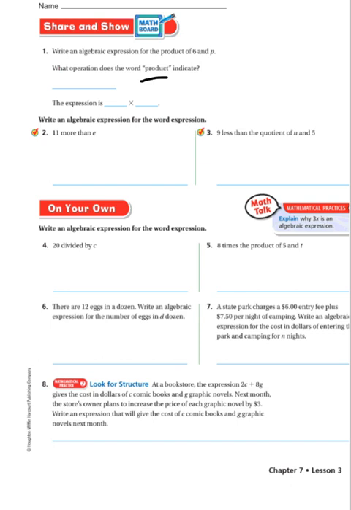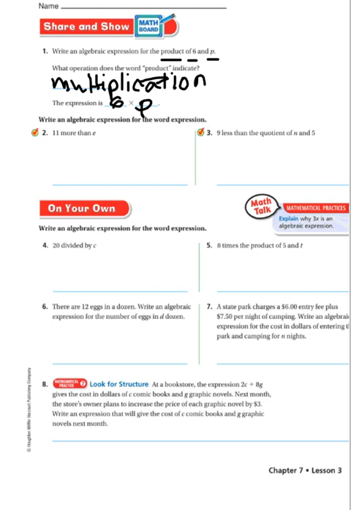So the product means multiplication. So, if the product of 6 and p, we're going to write the expression as 6 times p.